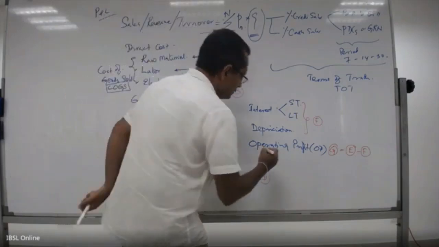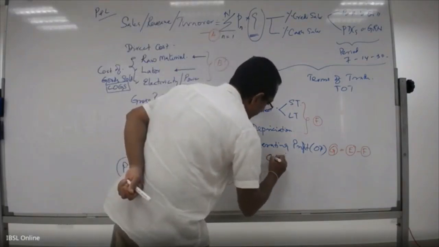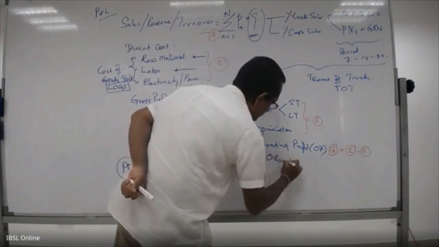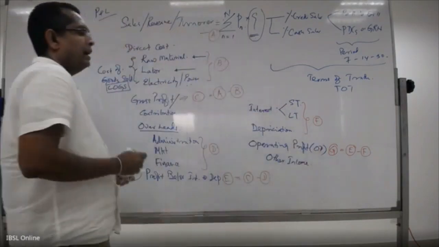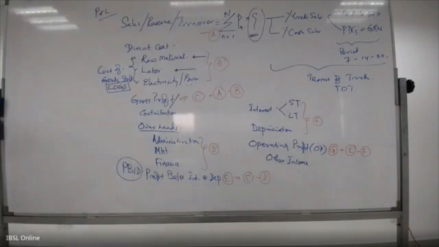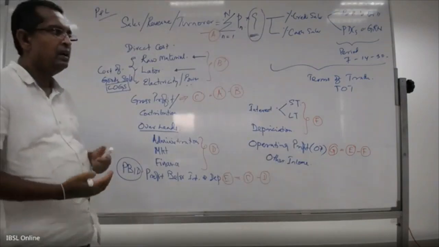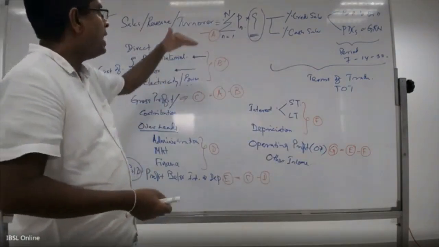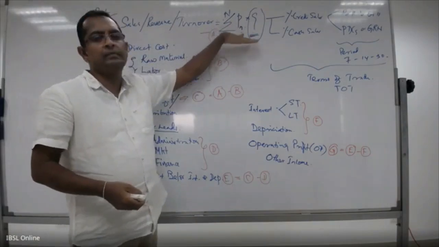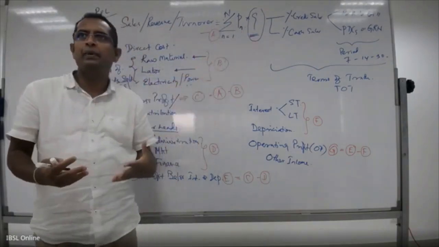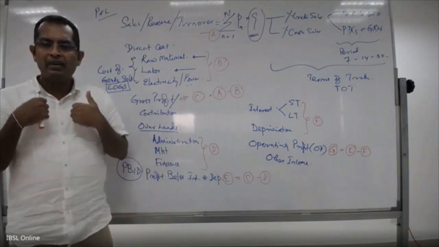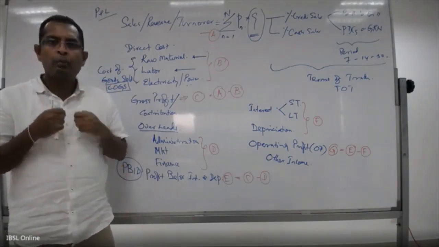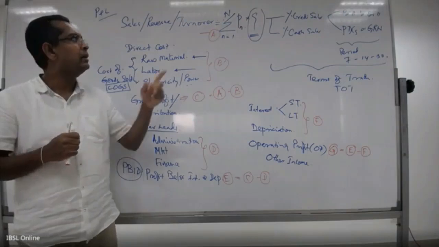Then we have something called other income. Any income we generate apart from our top business. Like as an example, if I am a printer, all the income we generate through printing business comes here.